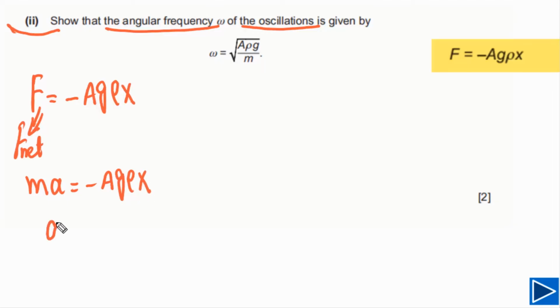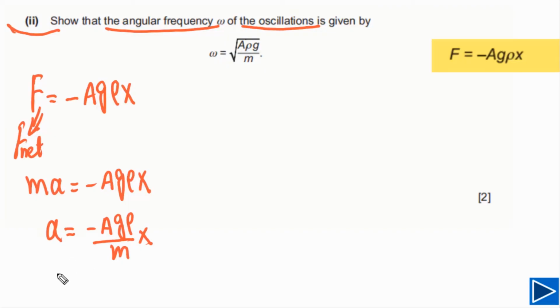From here we can find expression for A. So we can write down A is equal to negative AG rho divided by M, times X. We also need to understand the general equation for simple harmonic motion.